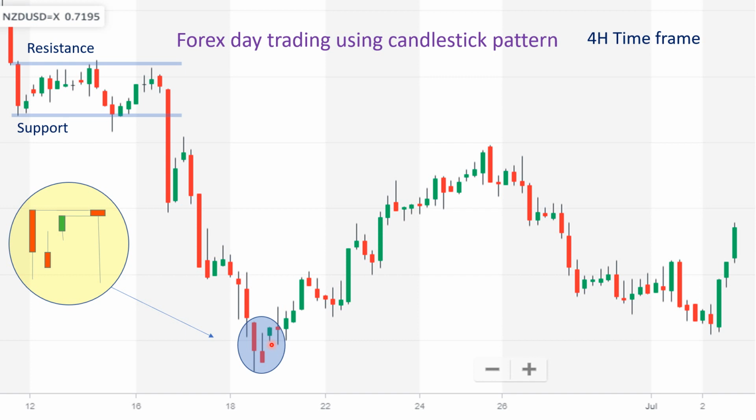Now, if you want to enter the market, you have to wait for the next candle, which is this one, to form above the outcome of these 3 candles, and then you put your stop loss below the low of the equivalent of these 3 candles. Now the trend is going up. At the top of this uptrend, you see a bearish engulfing, these 2.